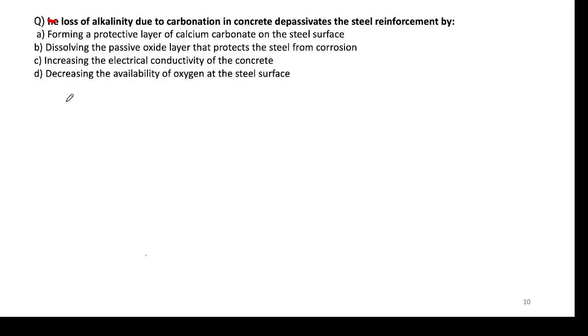B, dissolving the passive oxide layer that protects the steel from corrosion. C, increasing the electrical conductivity of concrete. D, decreasing the availability of oxygen at the steel surface. So what is the answer from this?